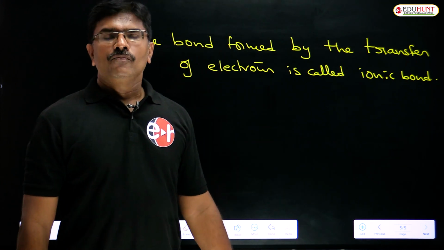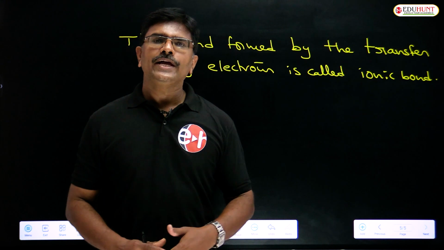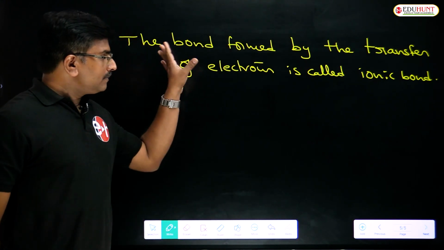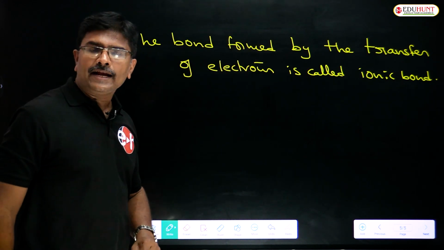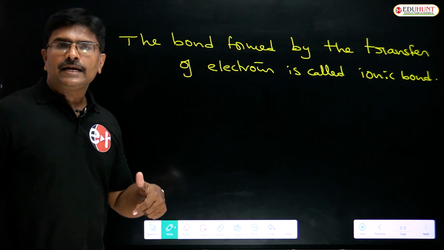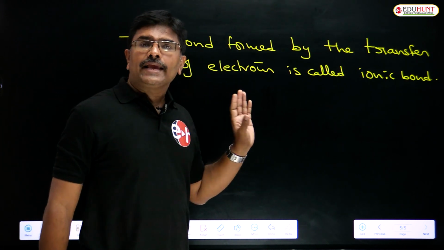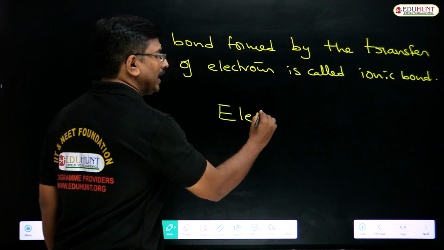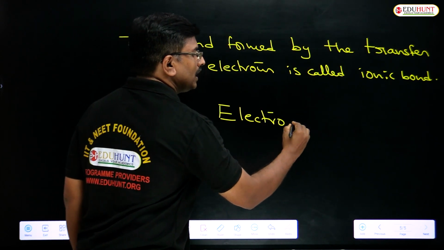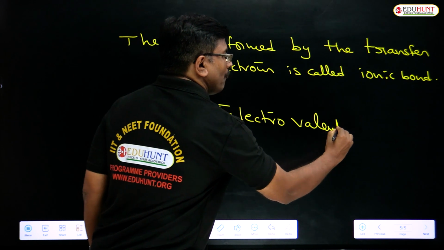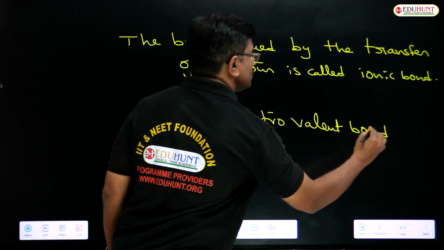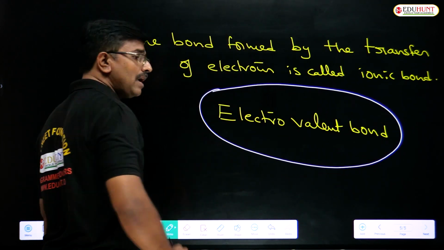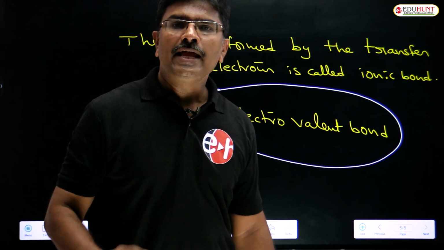So, till now we have observed two ways to express the ionic bond, right? By observing this second definition, we can understand that the ionic bond can also be called the electrovalent bond. Please observe this, all of you. Ionic bond can also be called what?